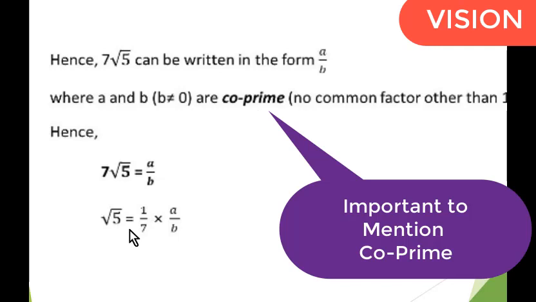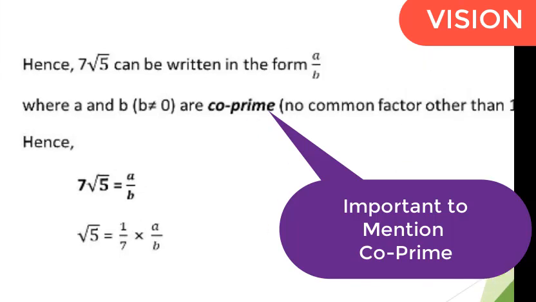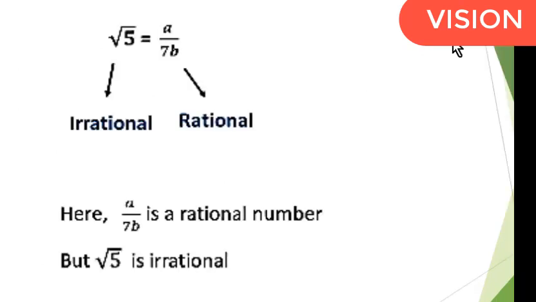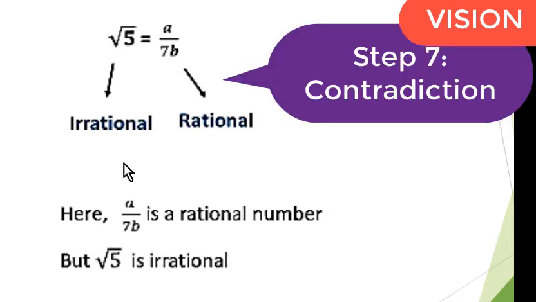So root 5 is equal to 1 by 7, moving the 7 to this side, so 1 by 7 times a by b. This step is called manipulation. First assumption, then manipulation. After finishing this second step, let me jump to root 5 equal to a by 7b. This is step number 7, the contradiction step. The left side is irrational and the right side is rational.